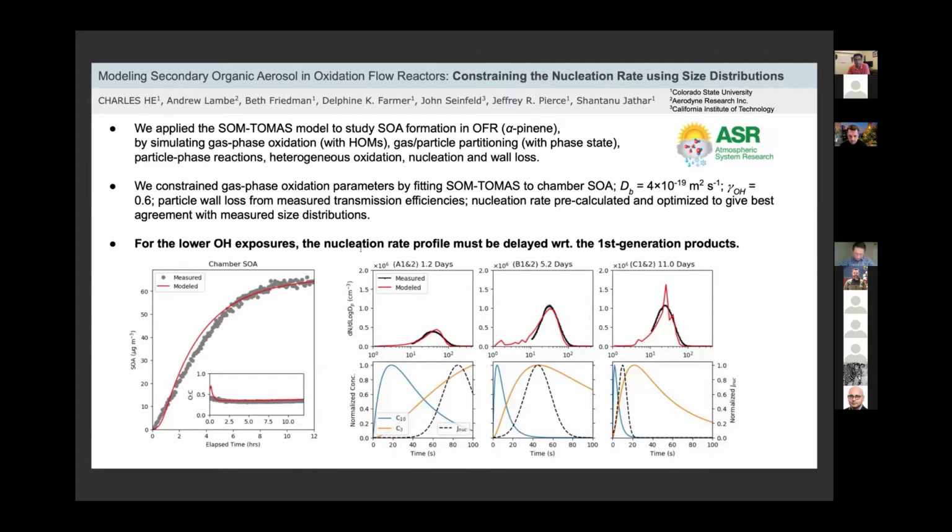And we found that for the lower OH exposures, the profile must be delayed with respect to the first generation gas-phase product. And we hypothesized that it's either because we have uncertainty in the OH concentration estimation, or maybe the new particles are being formed from multi-generational species.